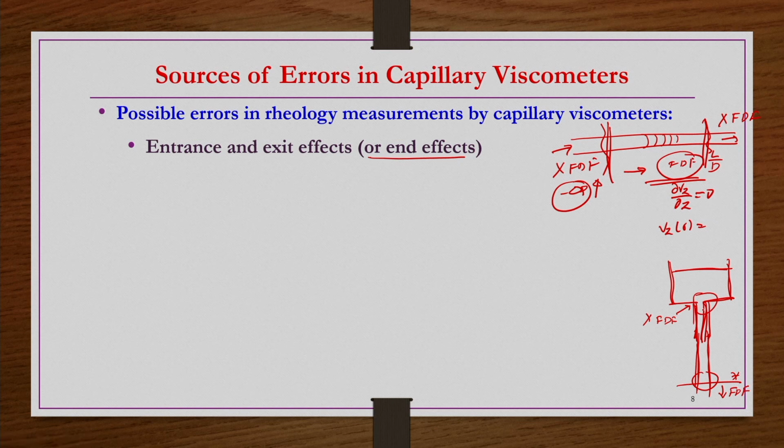At the entry location, obviously because of the sudden contraction of the flow area, the fluid present here suddenly flows through a smaller cross section when you open the valve to get the flow rate coming out through the capillary. Because of this sudden contraction, the pressure drop is going to increase at this location.